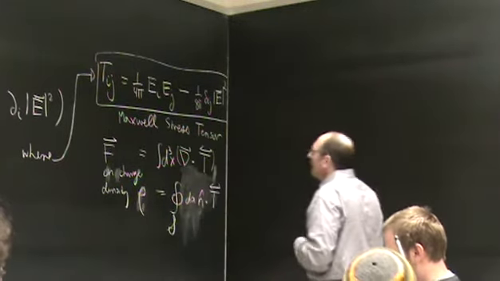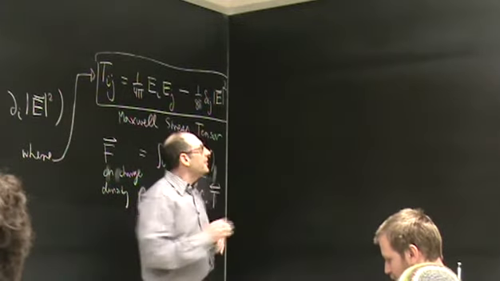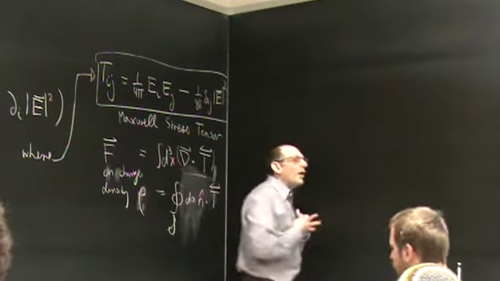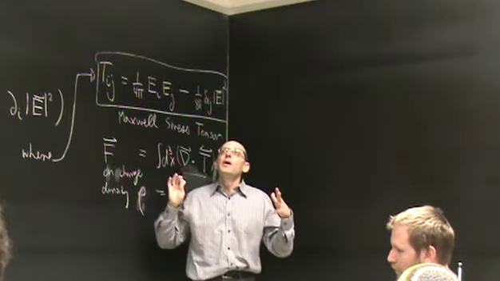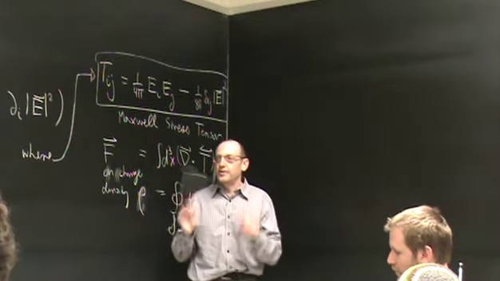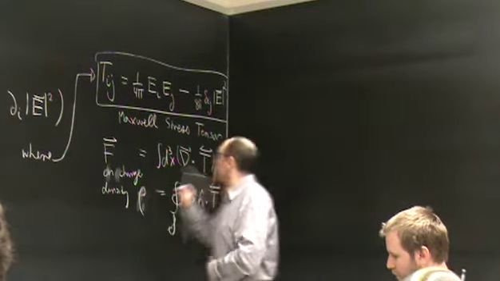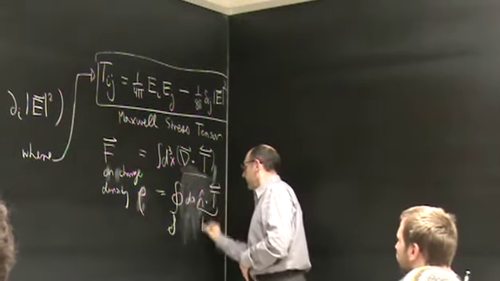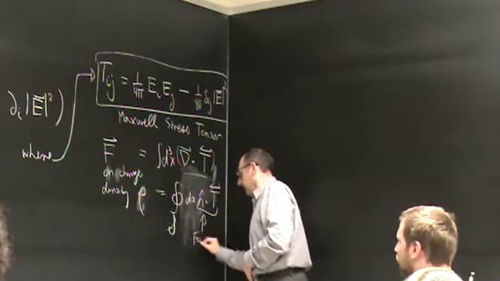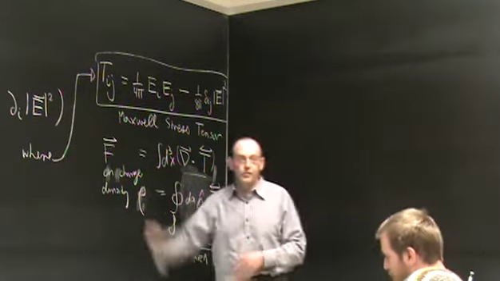And so the idea was that I could think about the force on charges as being related to the stress that the charges are feeling, which of course is the same thing as pressure, right? Because this has to have units of force per unit area. If I integrate over an area, I get the force.